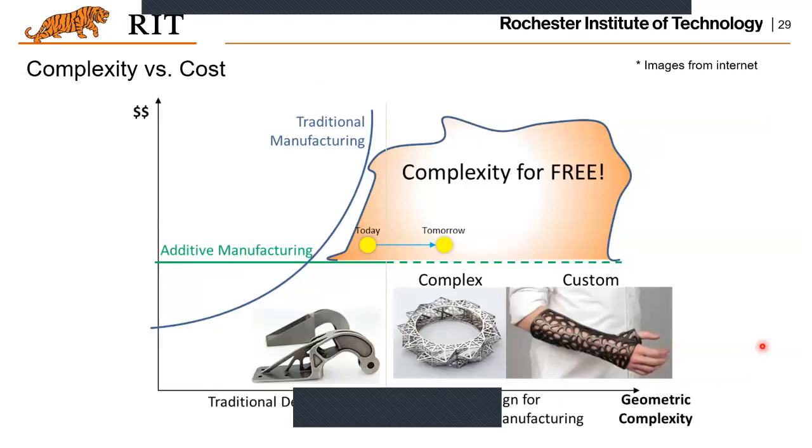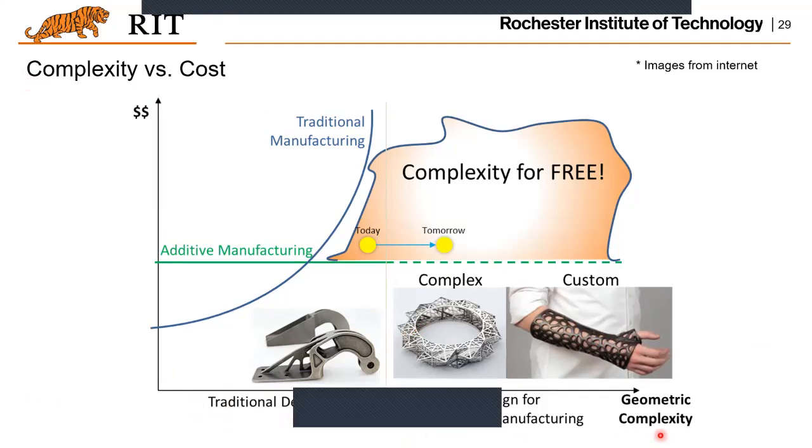Besides these 10 principles, let's look at some concepts for thinking about when and in what case we should use additive manufacturing instead of traditional ones. Here, this figure shows complexity versus cost.